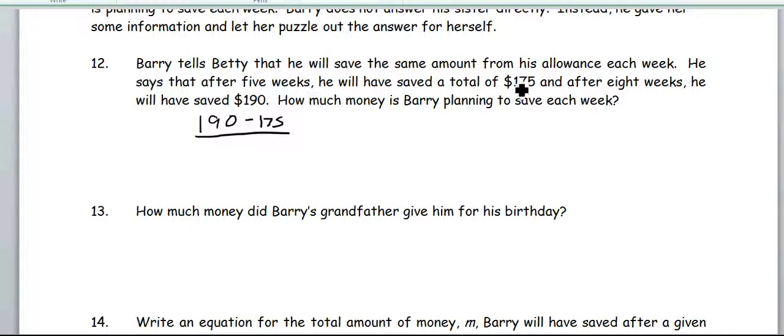So from 5 weeks to 8 weeks is 3 weeks. So we're going to put that here. And we come up with 190 minus 175 equals 15 divided by 3 weeks. So in 3 weeks, the difference is $15. So that means he saves $5 per week.